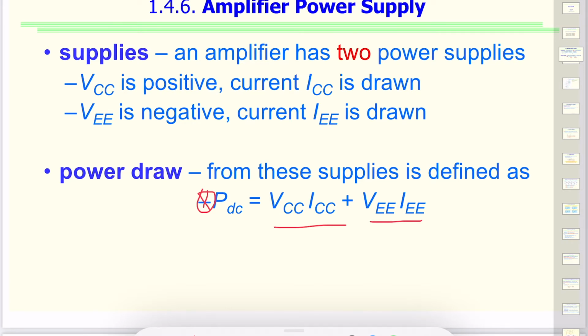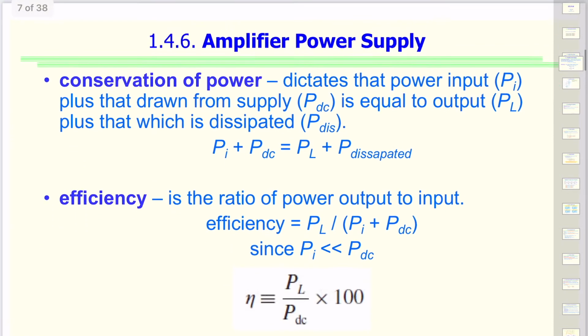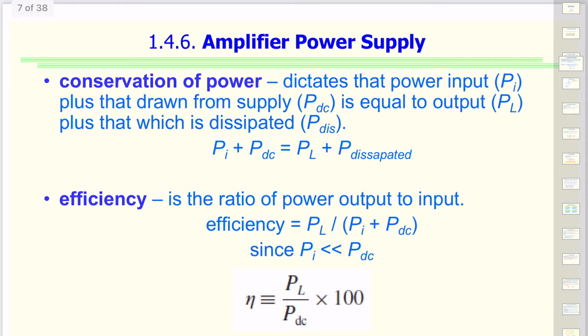Now if there is power loss and power dissipation, we have to go back to the law of conservation of energy, which means that the powers that are coming in and the powers that are going out are equal.